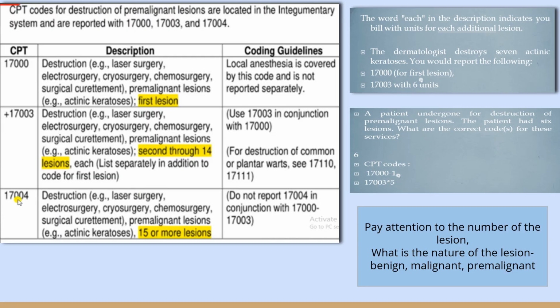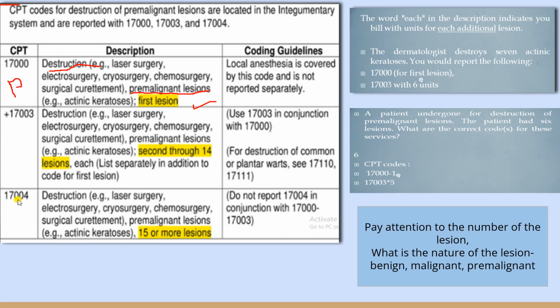So these are the codes for the destruction of the pre-malignant lesion, and I want you to have complete attention here. Destruction is there, and then here they have written the pre-malignant lesion. But remember, this is the primary code and it covers only the first lesion.